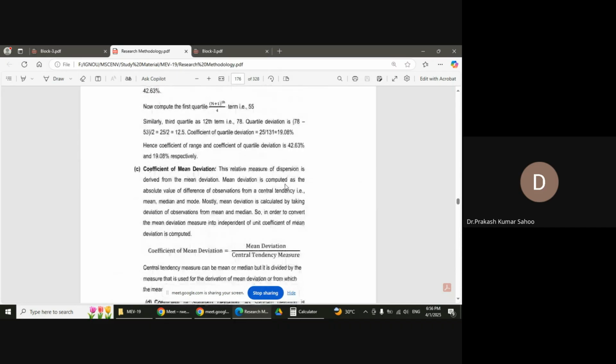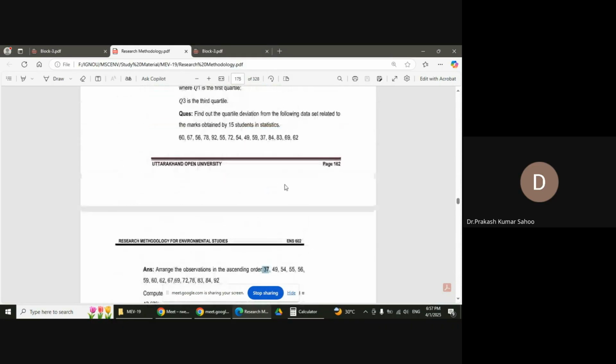Okay. So now compute the quartile. Quartile is the same, because there are 15 observations here, so it is odd. So it is n plus 1 by 2, sorry, n plus 1 by 4, because it is quartile. So 15 plus 1 by 4 becomes 4.